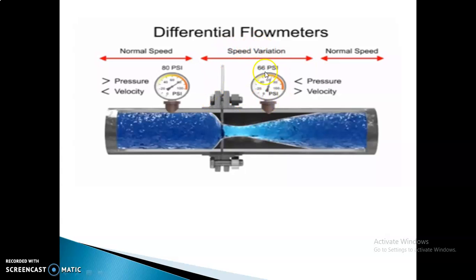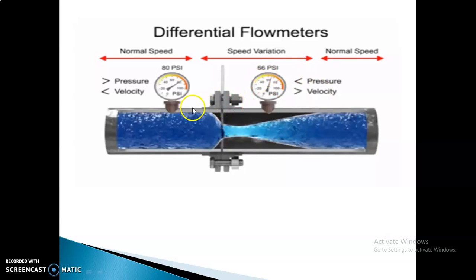Then the speed variation happens where the orifice plate obstruction is inserted, and again it becomes normal. So you can identify the difference of pressure and the velocity variation due to the flow of liquid on the flow path. Here also you can see the pressure and the velocity difference. Based on the pressure difference, we can measure the flow rate.